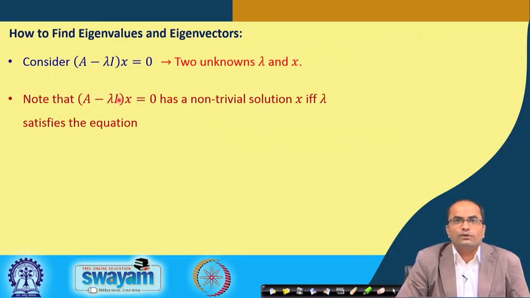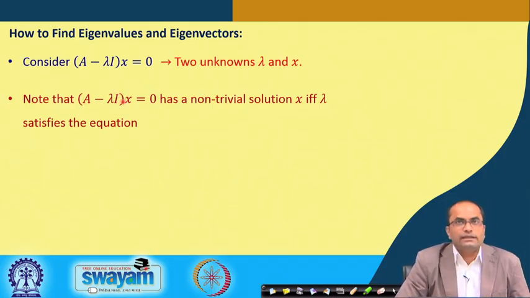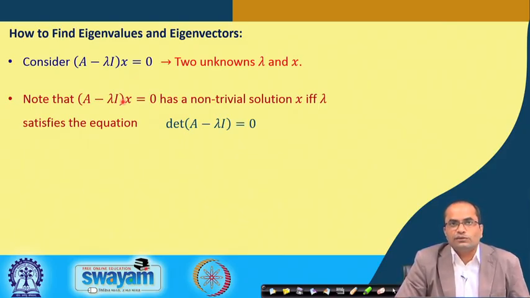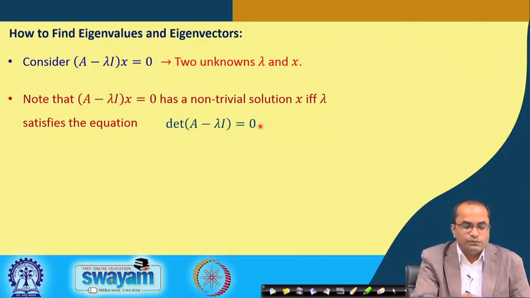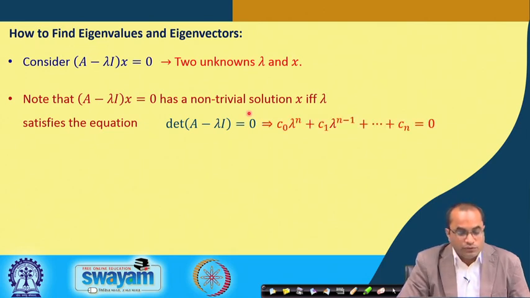But we are looking for a non-trivial solution, so the determinant of the matrix A minus lambda I must be 0. So, we got another condition: the determinant of A minus lambda I is equal to 0.